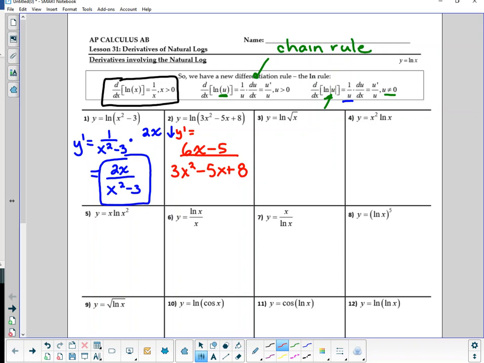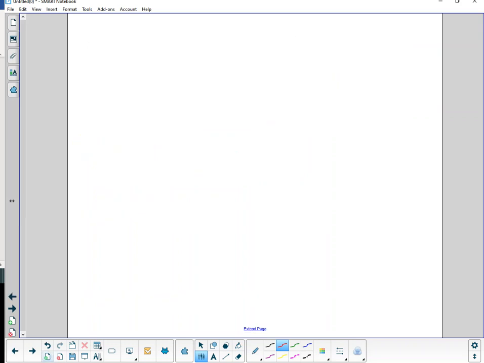If we have the natural log of something to a power, you actually can do a couple different things with that, and we're going to talk in more detail about this on the next page.